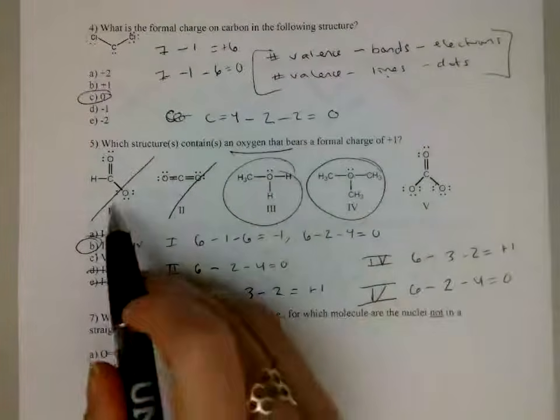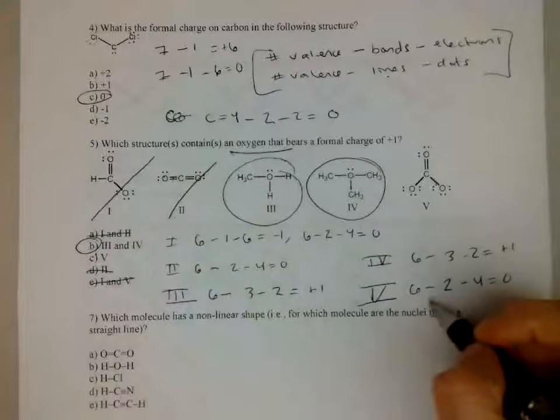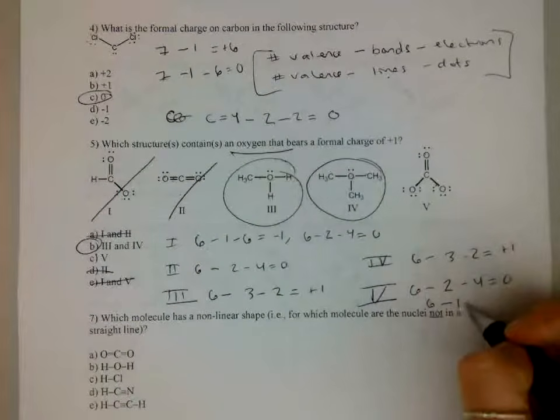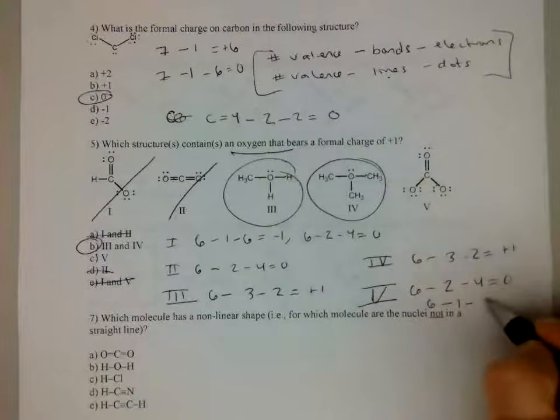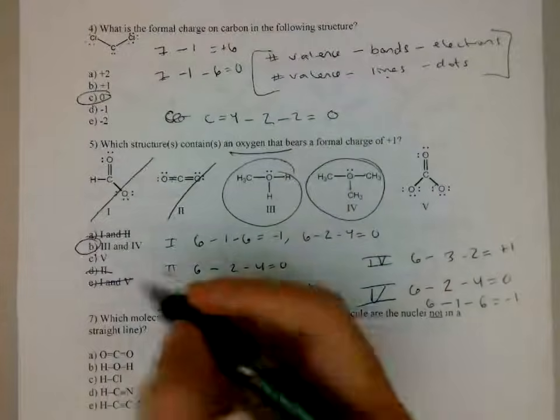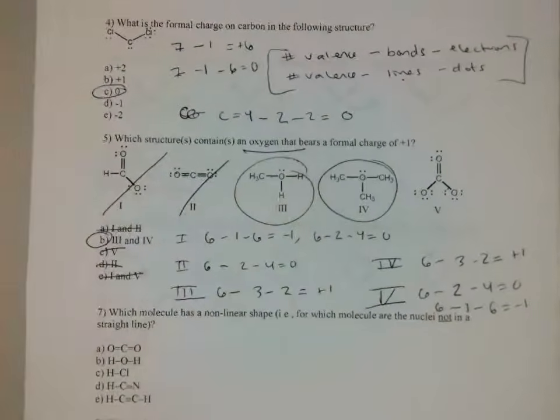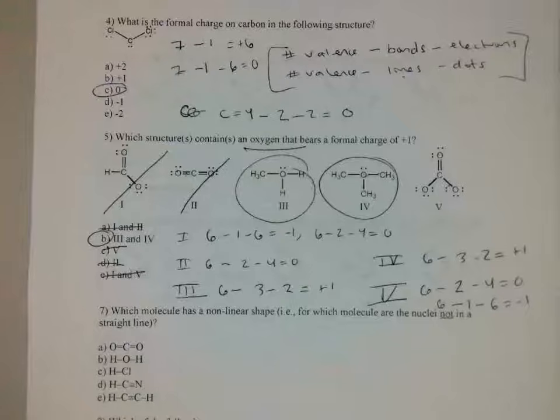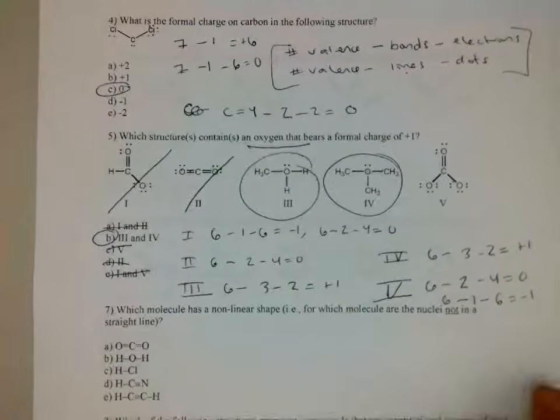And then this is similar to the structure we saw here. 6 minus 1 bond and 6 electrons is -1. So 5's not right. So answer choice B is correct. If you're ever not sure, use what you already know to eliminate answer choices, and then you can narrow it down, and that will really help you.